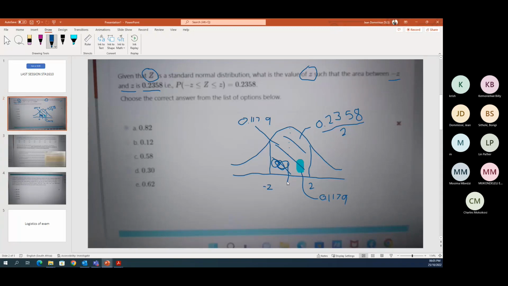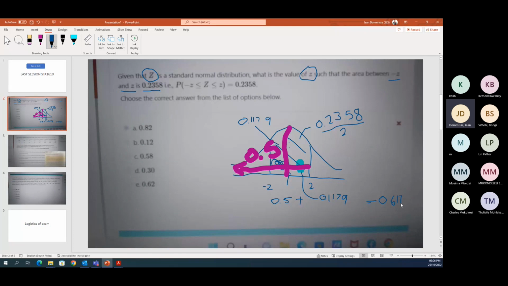So what we can then do is that whole area will be the 0.5 plus 0.1179. So 0.5 plus that, which gives us 0.6179.